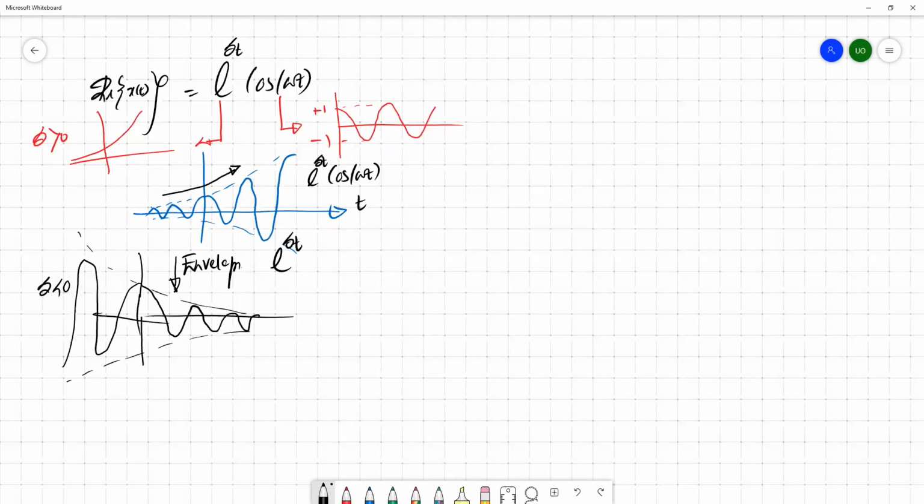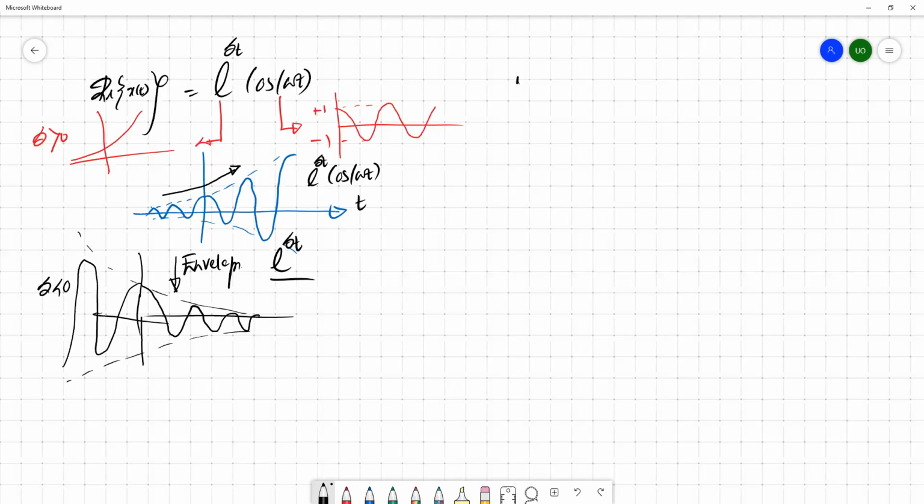The pattern of the cosine function remains as it is, but the magnitude of the cosine function is either continuously increasing or continuously decreasing based on this e to the power sigma t. So this is the real component of x(t).